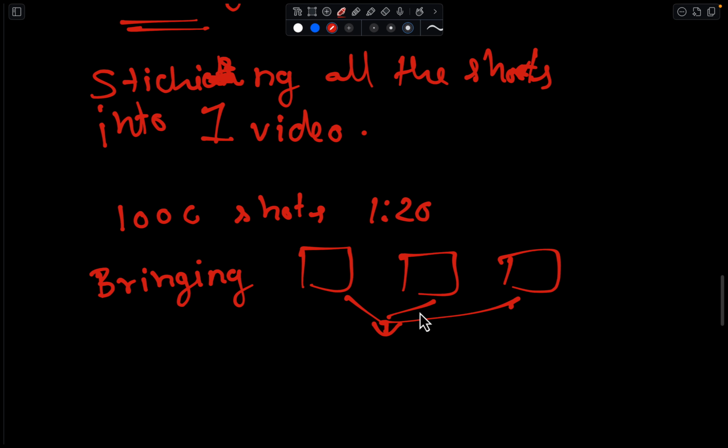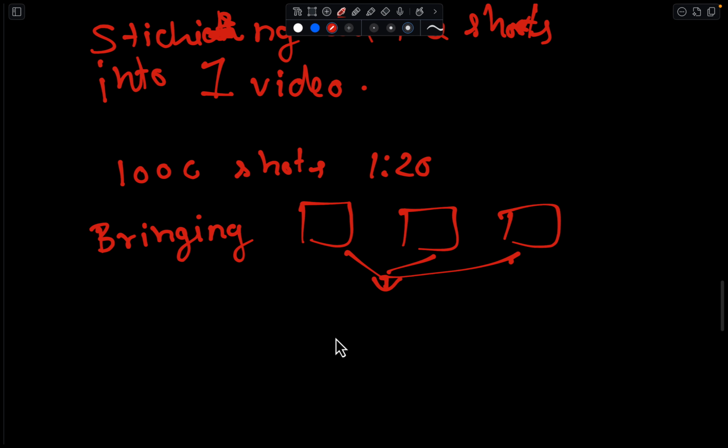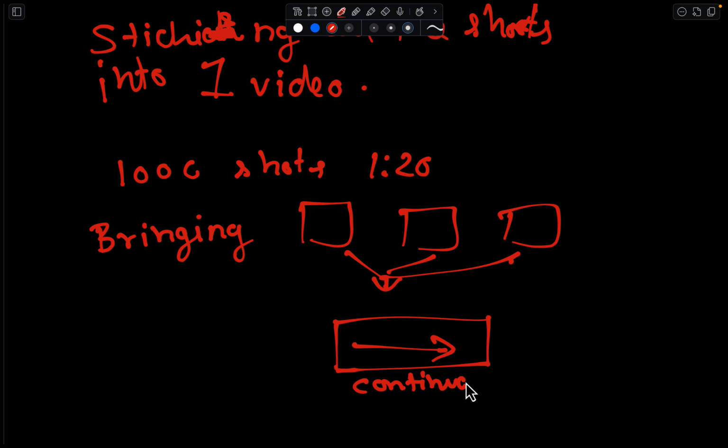That is the role of editing. All these different shots are made into one continuous video, and it conveys a meaning.